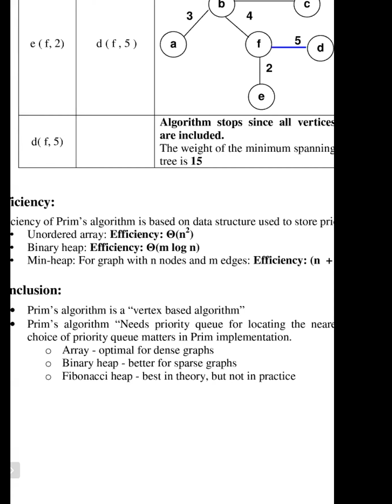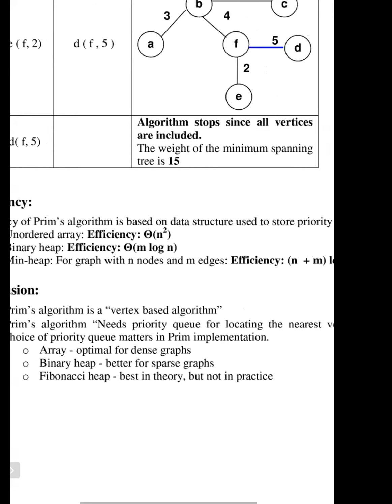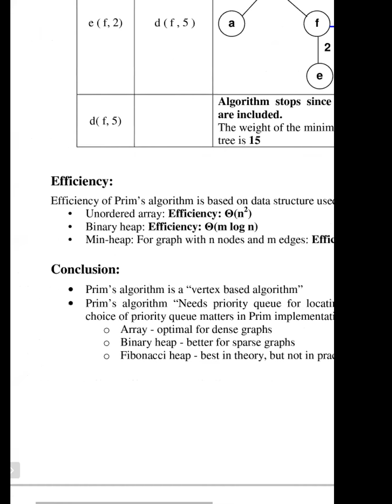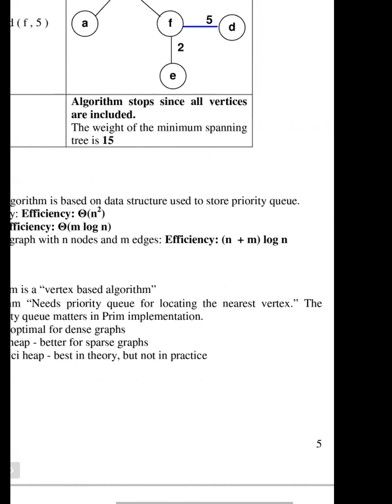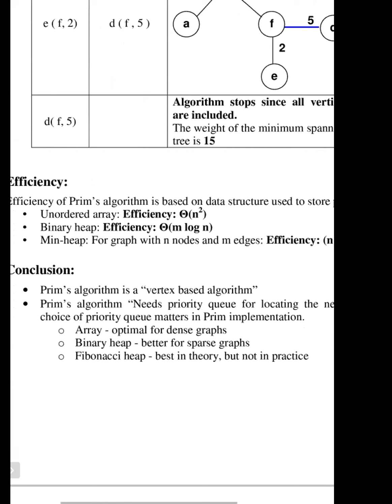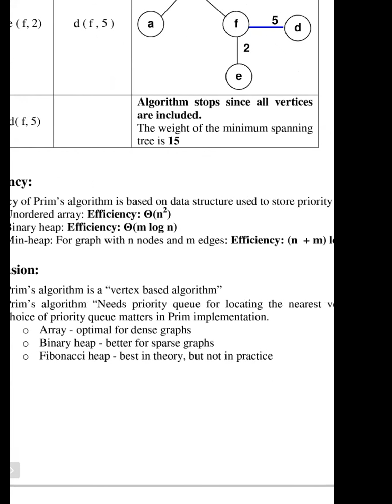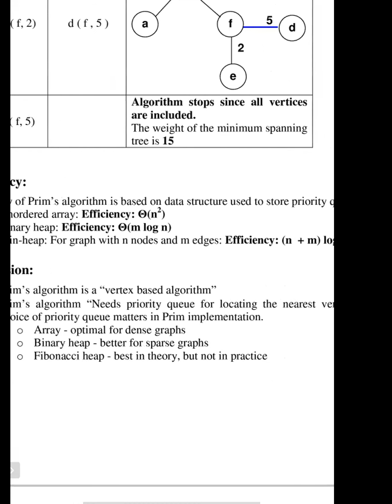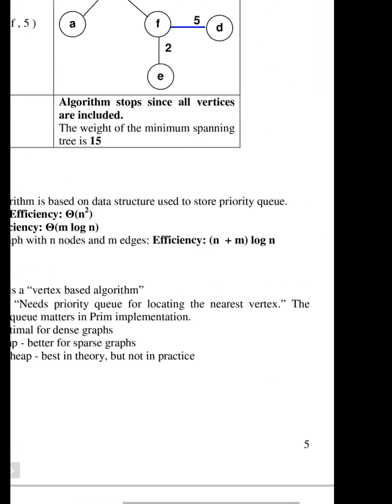So it is m log n, where n is the number of vertices and m is the number of edges. And if it is a min heap, there is a max heap and there is a min heap, the efficiency is n plus m log n.